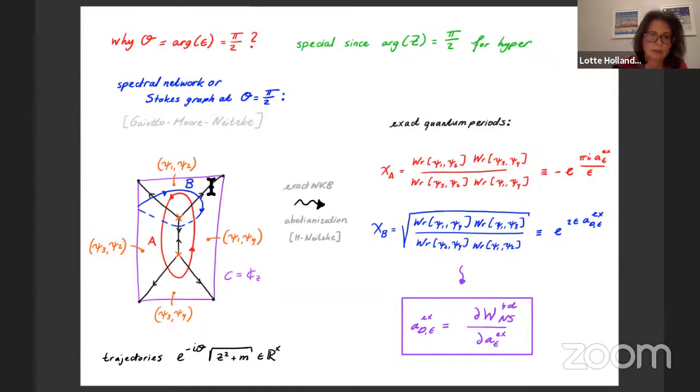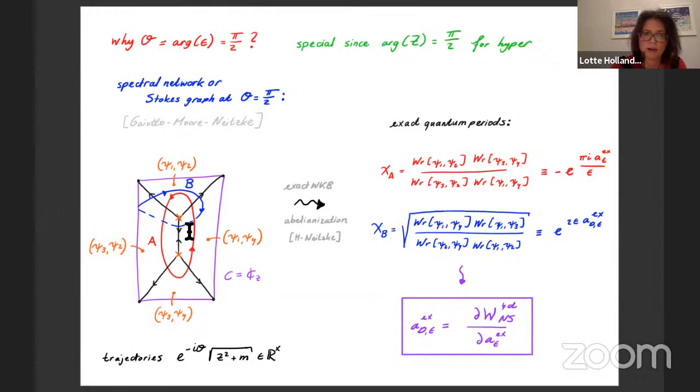So this is a picture again of the z-plane along with the critical trajectory. There are three trajectories coming from each of the branch points. And what you see is that there is a special trajectory in between these two branch points. This is a double trajectory, a critical trajectory. And in the theory of Gaiotto-Moore-Neitzke, this critical trajectory corresponds to this massive hypermultiplet.